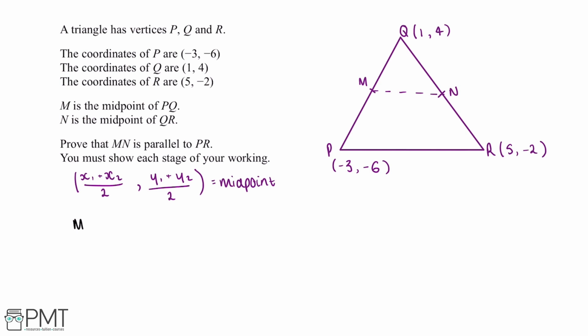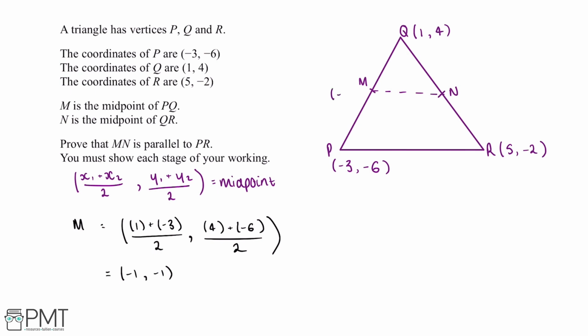So this means that the midpoint of line QP will be equal to 1 plus -3 divided by 2 and then 4 plus -6 divided by 2. And if we work this out, this gives us an x coordinate of -1 and a y coordinate of -1. So we therefore know that coordinate M is -1, -1.